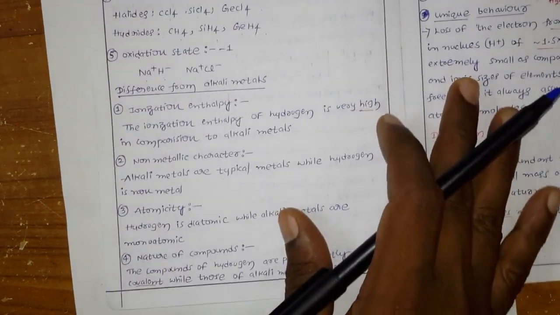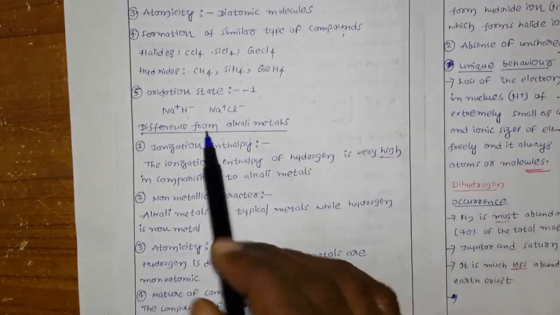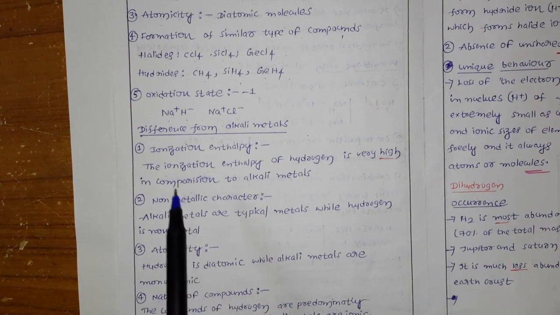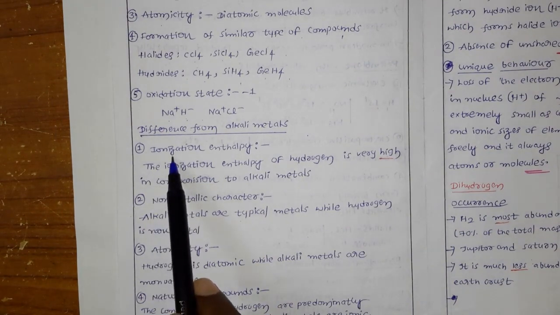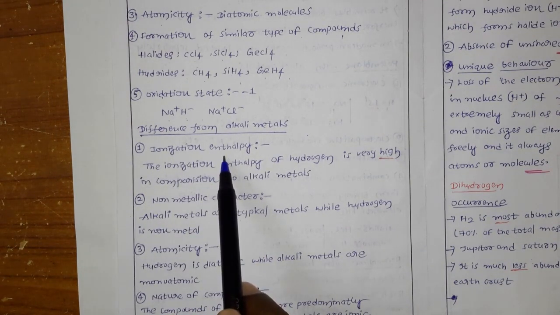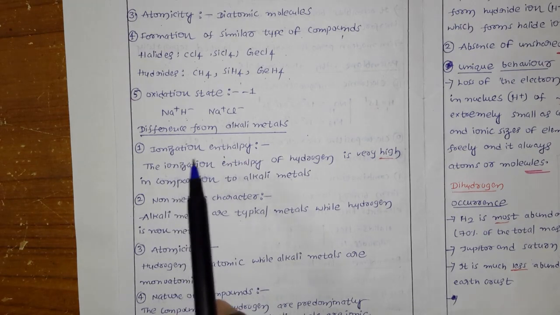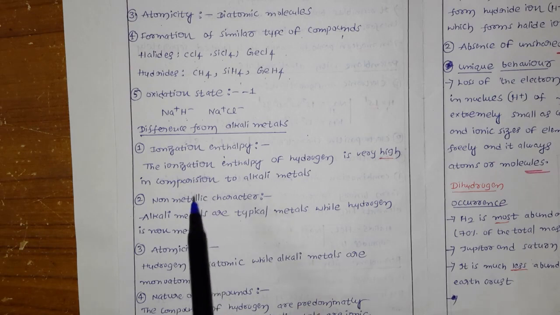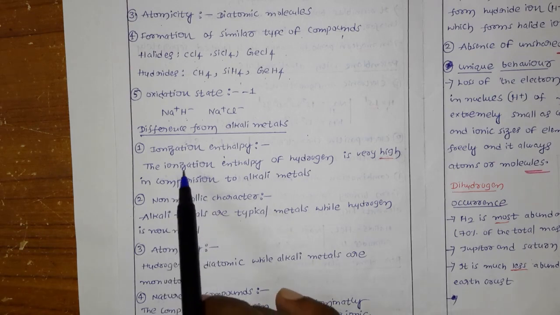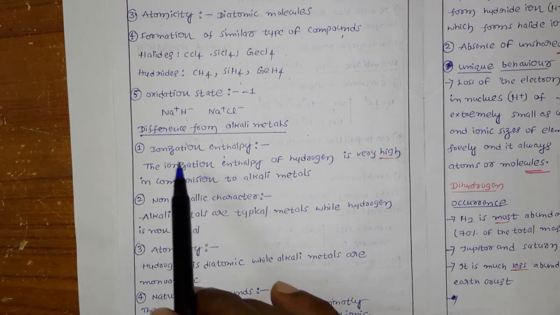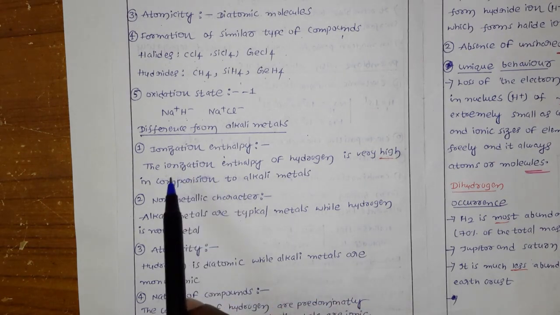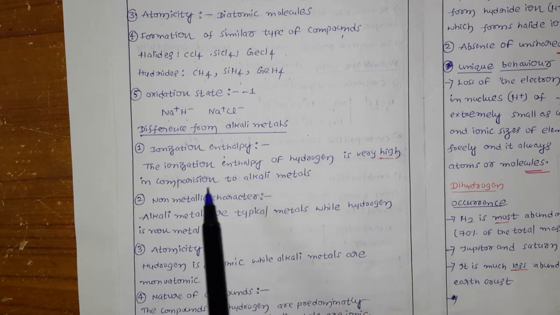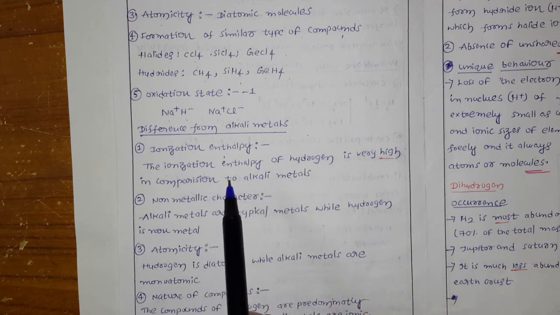Now we can go for the differences from alkali metals. So what are the differences? First, the ionization enthalpy. What is the ionization enthalpy? It is the energy required to lose or remove one electron from the outermost shell of a metal, right? The ionization enthalpy of hydrogen is very high in comparison to alkali metals.